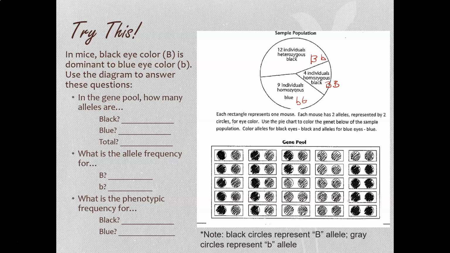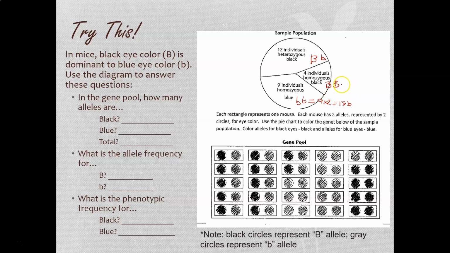So when I look at the ability for the homozygous recessives to contribute, that really means that they're contributing two of them. So there's 9 individuals here, but they're contributing 2 of those lowercase b's each, so a total of 18 lowercase b's.